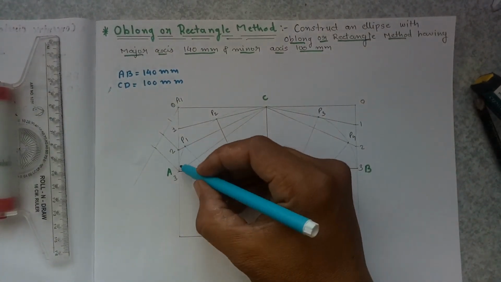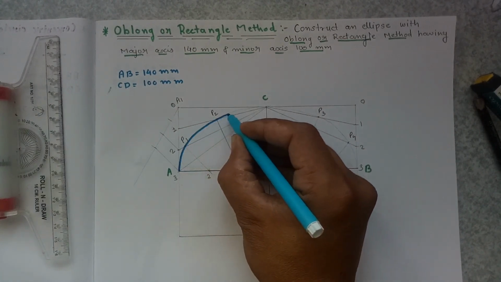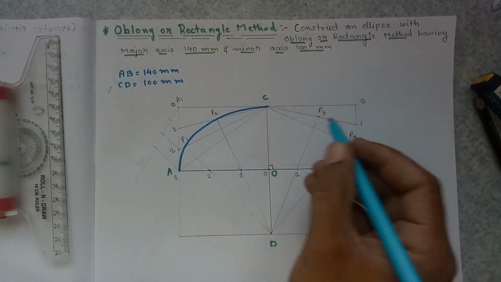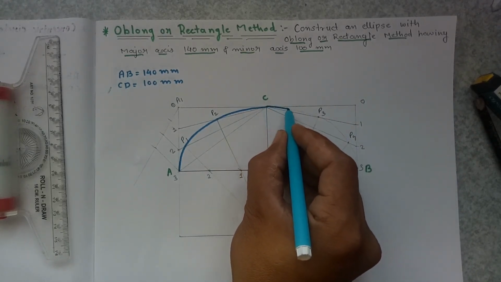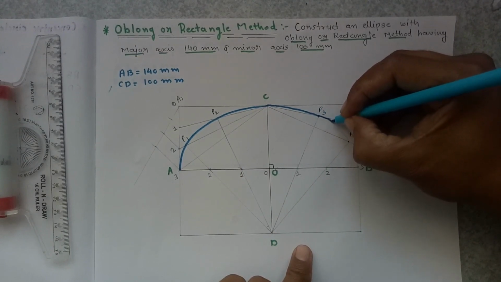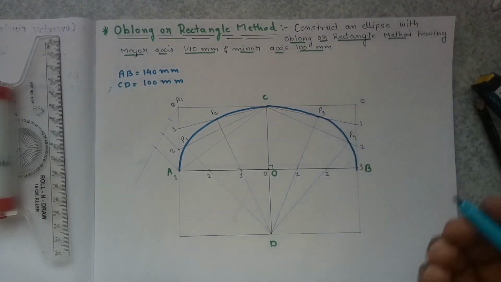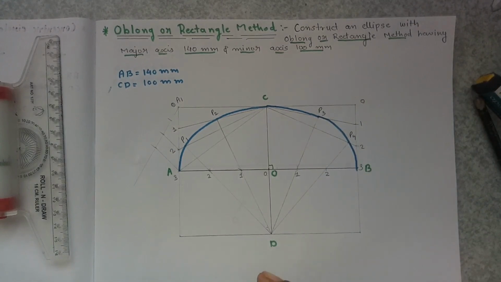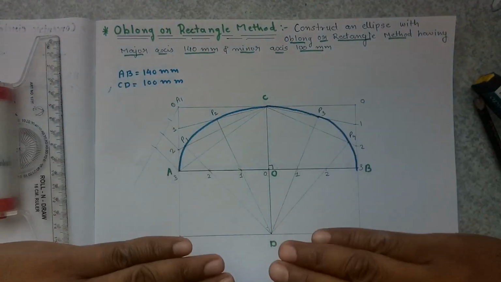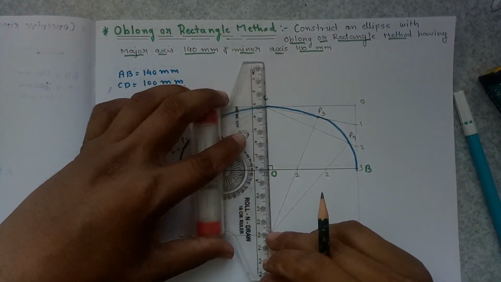So now draw the freehand curve passing through these points P1, P2, C, P3, P4. Now apply the same method to draw the ellipse in the second half, or you can also follow this particular method.